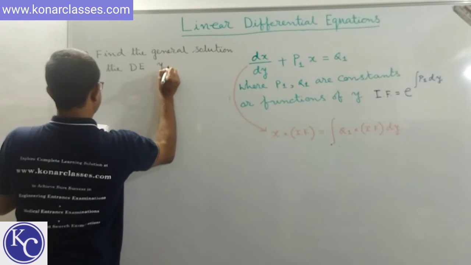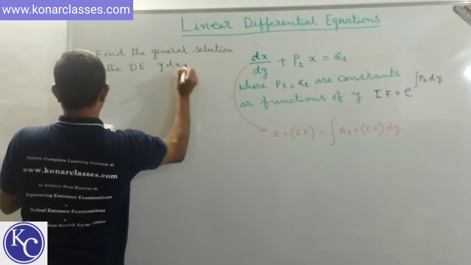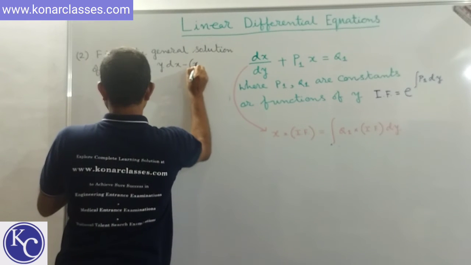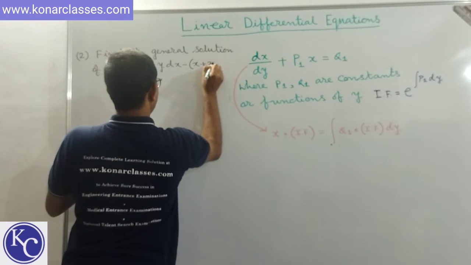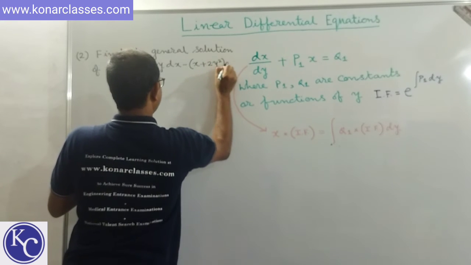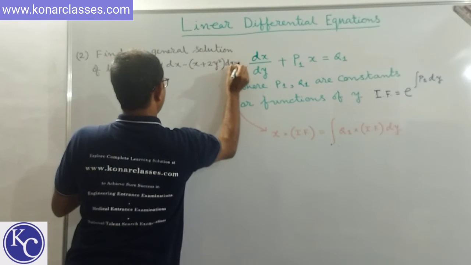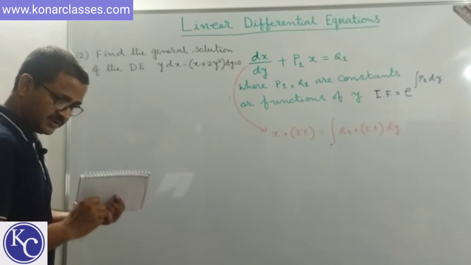y dx minus (x plus 2y square) dy is equal to 0. Okay, let's see.